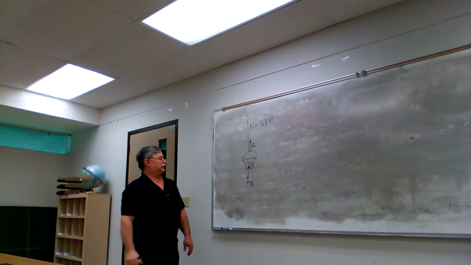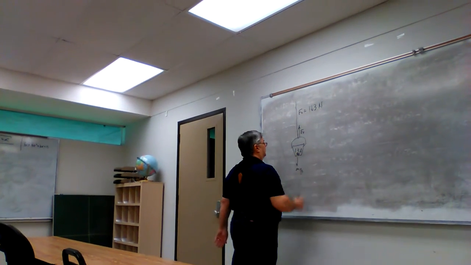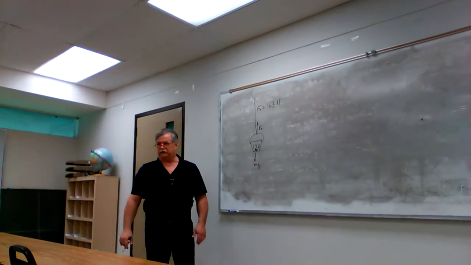So you have mass times gravity pulling down, and the force of tension pulling up. What is the force of gravity in this case?